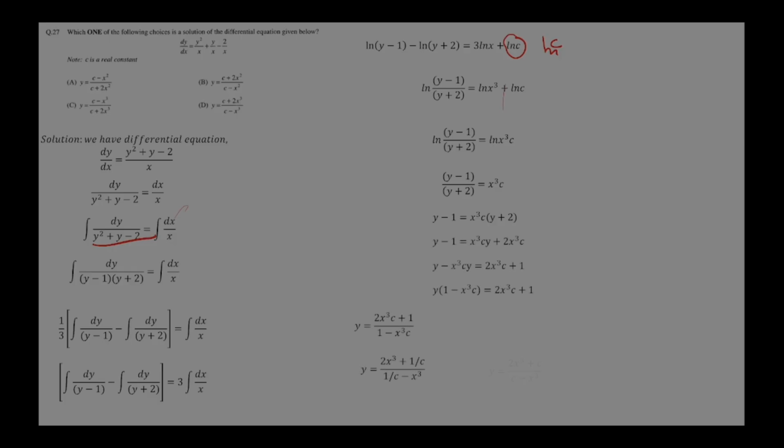I have taken the constant as ln c. Okay, c is also a constant, ln c is also a constant. Basic integration, so this will come. Now only rearranging is left. So this is the answer. Okay, straightforward.